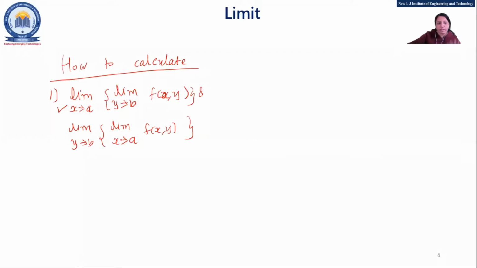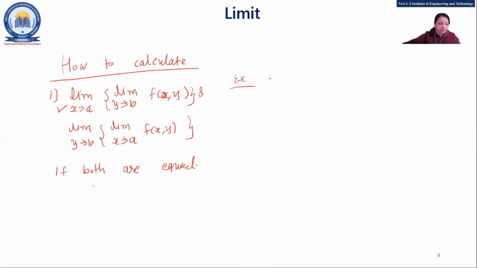In both ways you have to calculate the limit. And if both are equal, then we can say that the limit exists. Whatever the value is, that will be your limit. Fine.